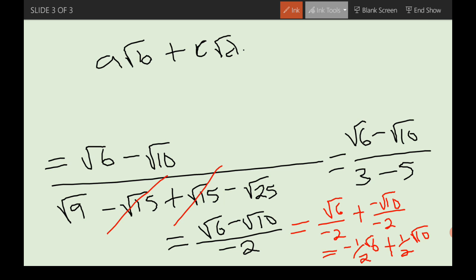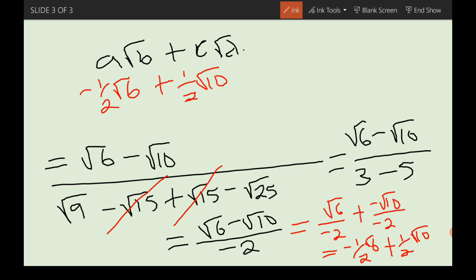So when you compare our answer, we have negative a half root of 6, then plus a half root of 10. So we have written that expression in that form, a root b plus c root d.